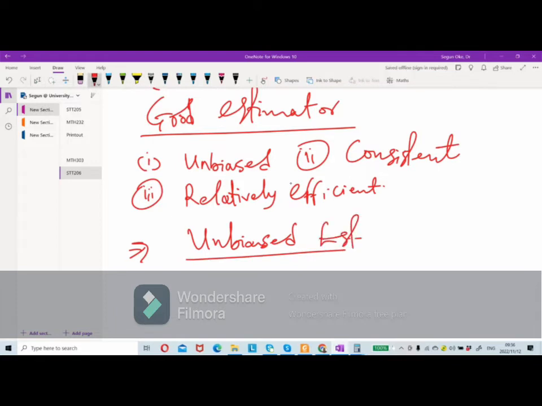Unbiased estimator. They are part of estimate, type of estimate. They are types. Let's say types of estimates.